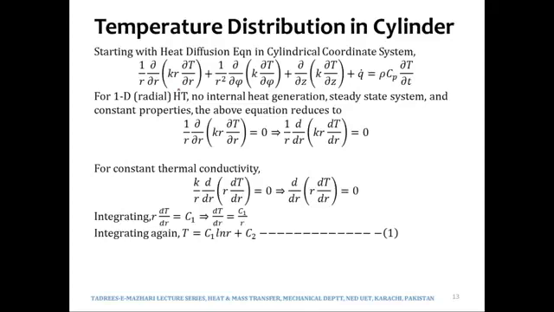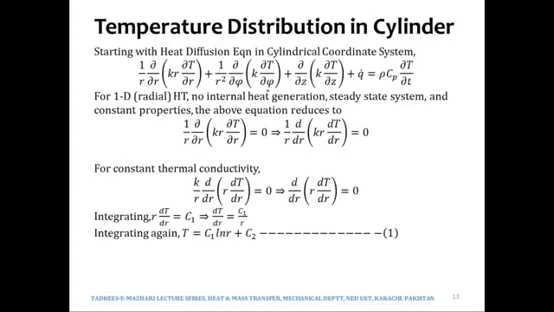So therefore we would say that temperature is a function of R, means at different radial locations temperature would have different values, and therefore heat would be going outside of the pipe in a radial direction.